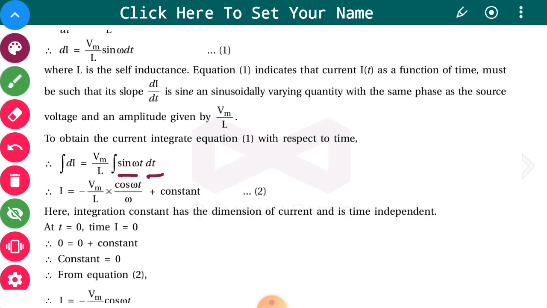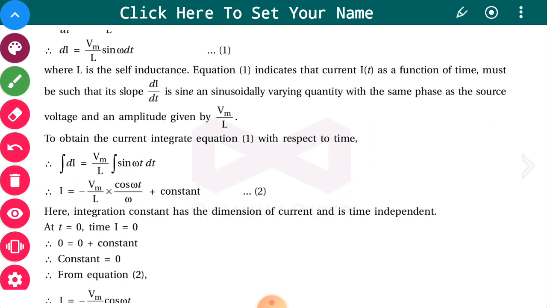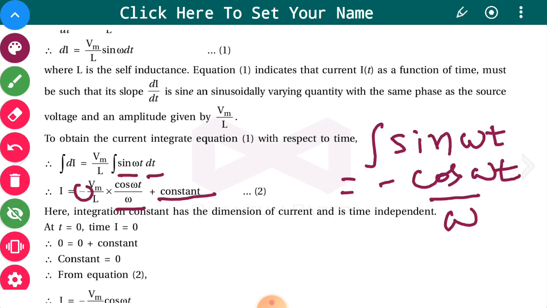Now the integration of sin omega t will become minus cos omega t. The multiple of t is omega, so we have to divide by omega, so it is minus cos omega t upon omega, written here with a negative sign, plus some constant of integration. So this is very clear.